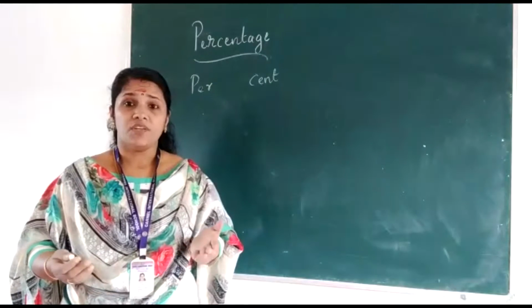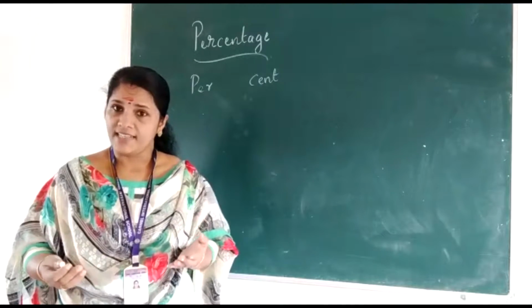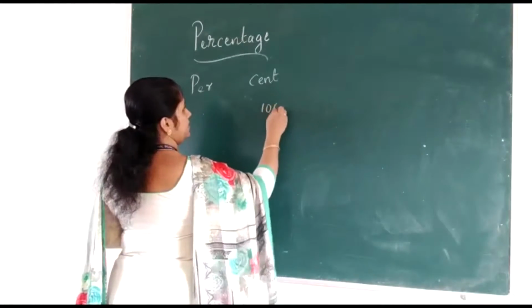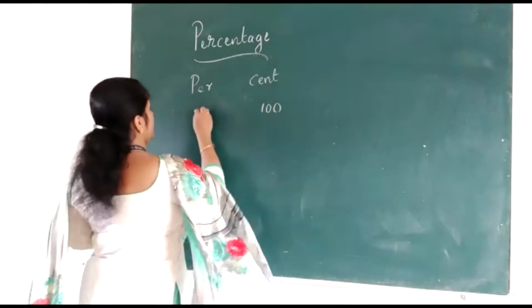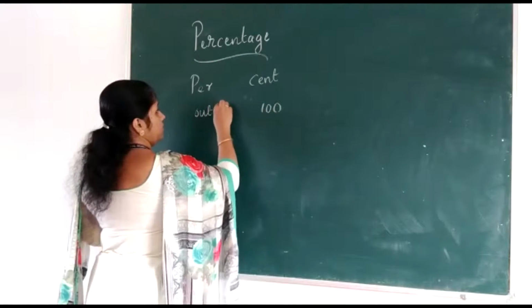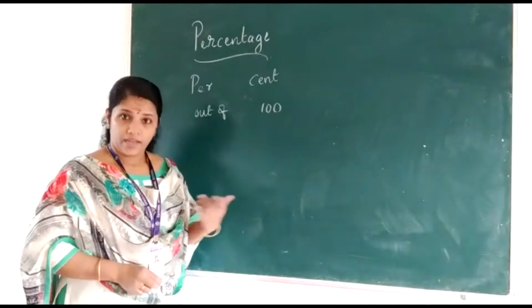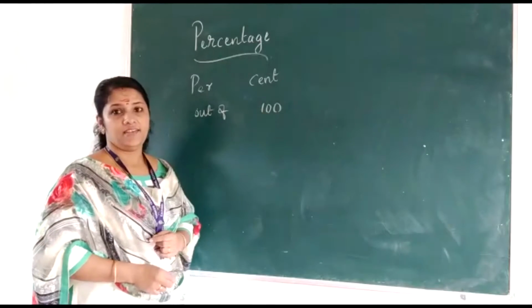What is the meaning of the word per, or what is the meaning of the word cent? Cent means 100. Per means out of. Out of 100. Another way, for each 100.